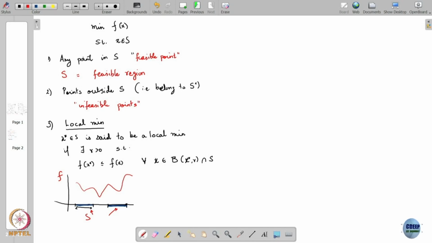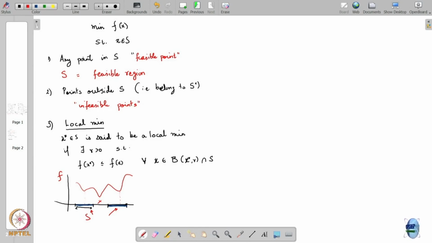You can see in this picture there are two local minima. One is this point here and the other is this point here. This point is not a local minimum. Why is that not a local minimum? It is infeasible, right. A local minimum, the way I have defined it, is an x star in S, so it has to at least be feasible. This point is an infeasible point, so it cannot qualify to be a local minimum.